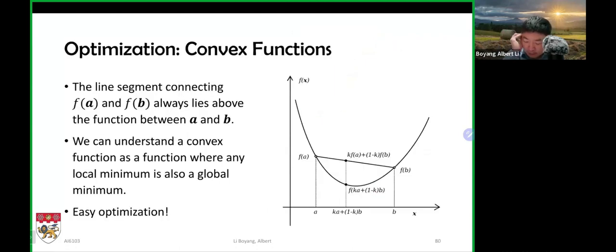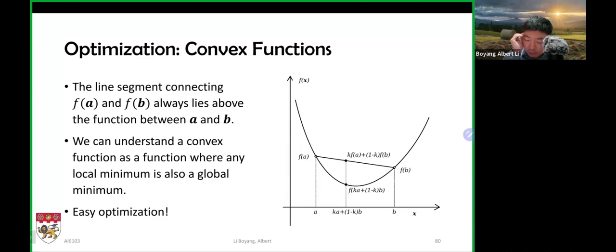Okay, so we really wouldn't talk about convexity and convex optimization too much. This is the only place where we just talk about its definition. A convex function is a function that satisfies these conditions.